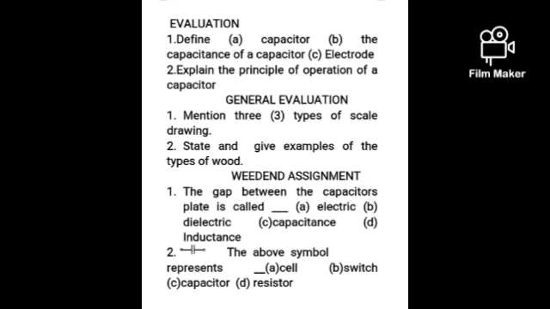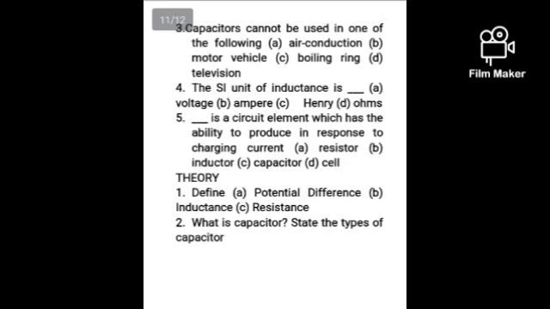Okay, so we have some questions for you here that I want to believe you can lay your head upon. All that is going to cover all we have done so far on components of an electrical circuit, that is capacitor and the types of capacitor. State the type of capacitor with examples, and the SI unit of inductance.